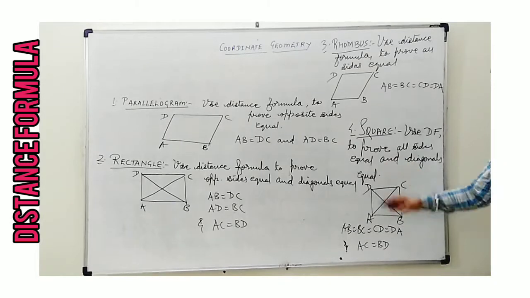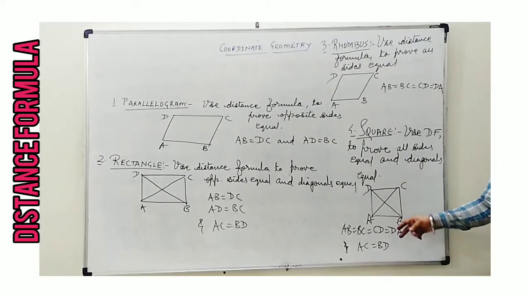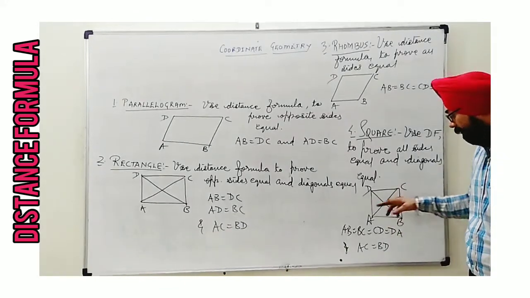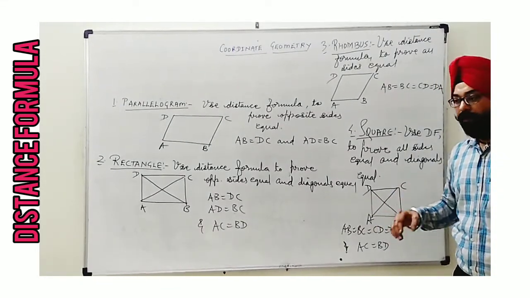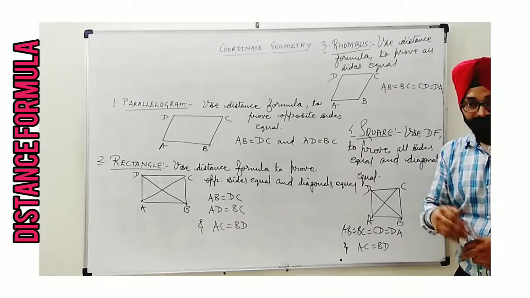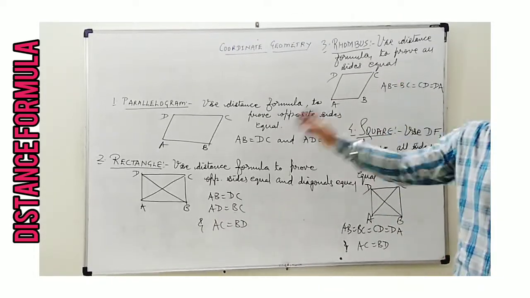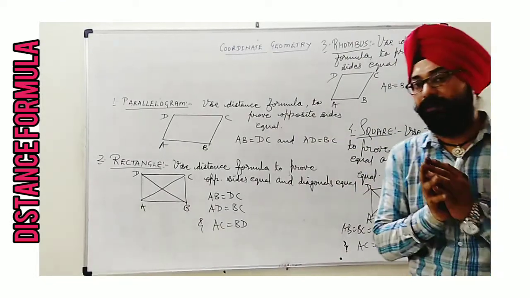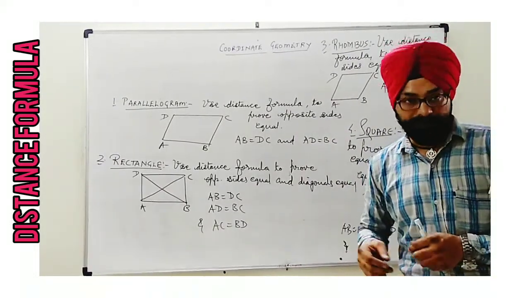Here, as we know, all sides are equal and diagonals also are equal, so distance formula will be used to show all sides equal and diagonals also equal. Now I hope this concept is clear to you. Whenever questions on this type of quadrilaterals are given, we should pick this method when we are using distance formula. 1 or 2 examples I will show.